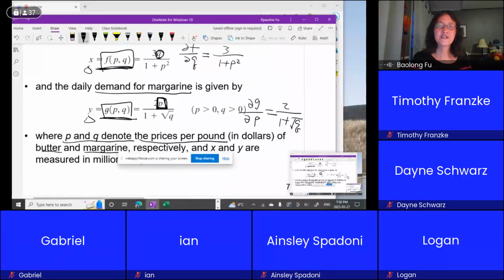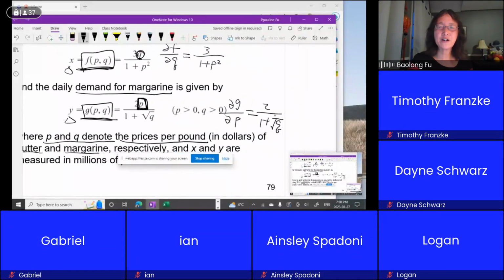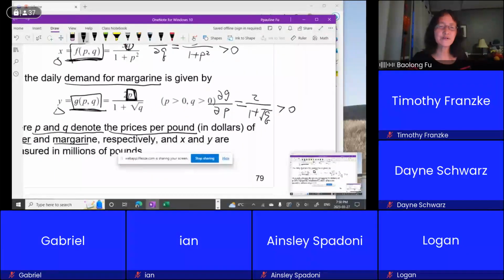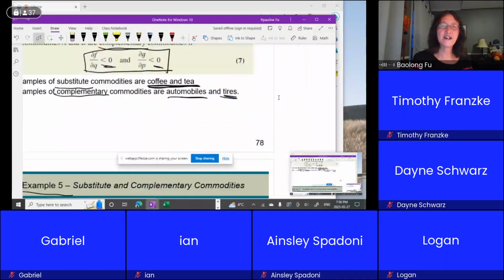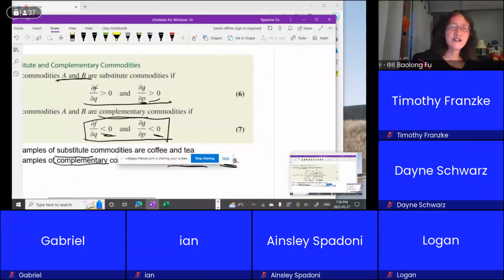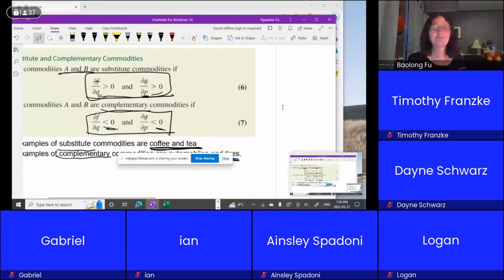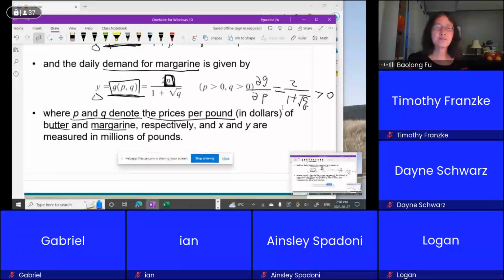Okay? So do you see this is p squared, always greater than 0? This is square root of q, always greater than 0. So we get both positive. That's why margarine and butter are substitutes. Okay. They are substitutes.